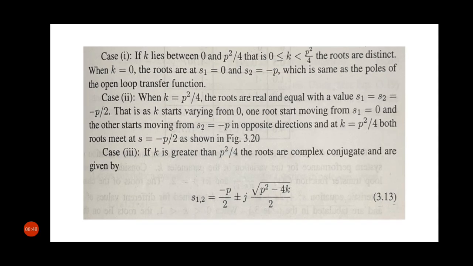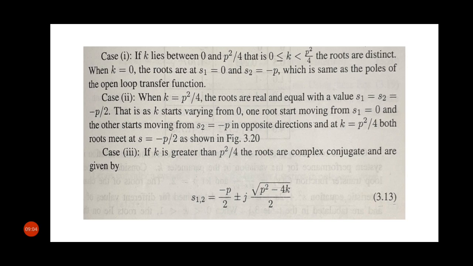The first case is if K lies between 0 and p square by 4, that is 0 less than or equal to K less than p square by 4, the roots are distinct.